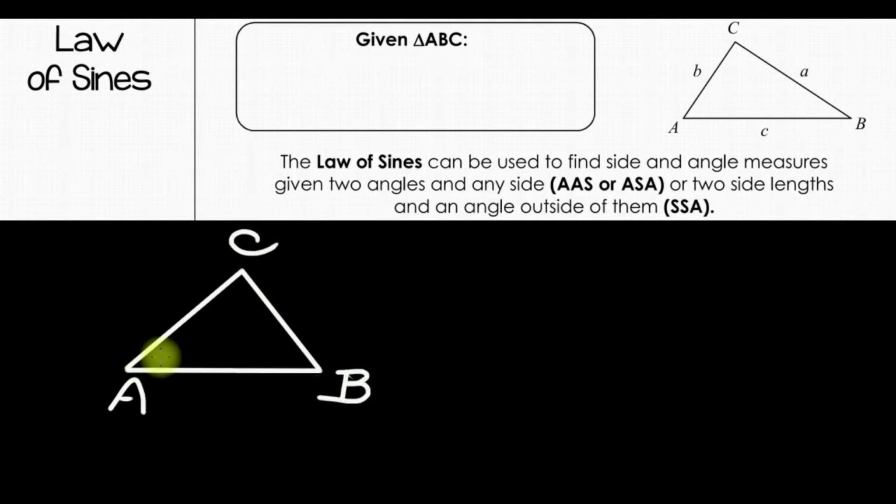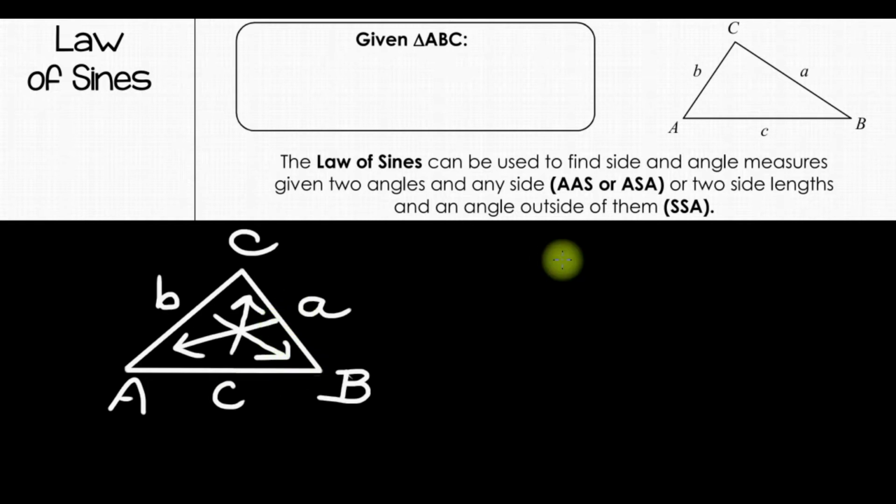The side that's opposite from angle A is called side A. The side that's opposite from angle B is called side B. And the side that's opposite from angle C is called side C. So the capital letters are the angles and the lowercase letters are the sides.